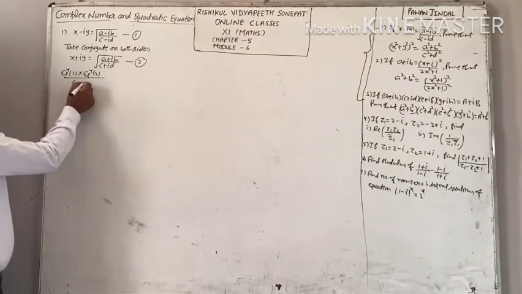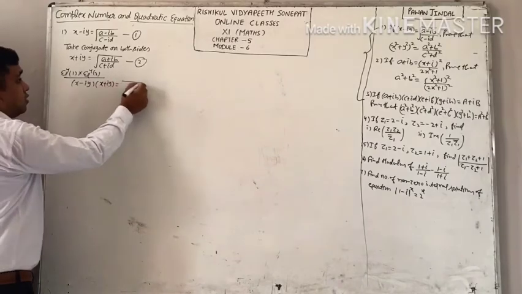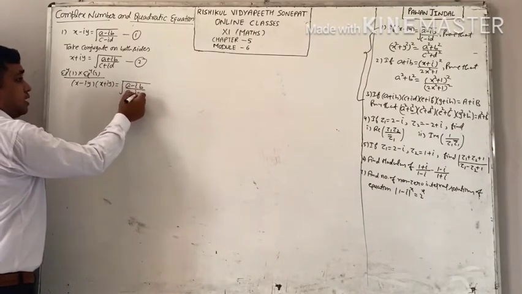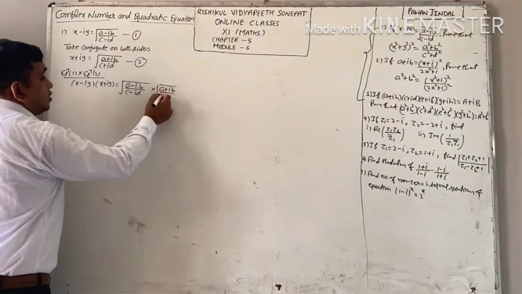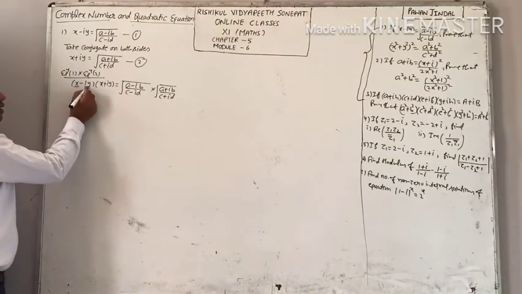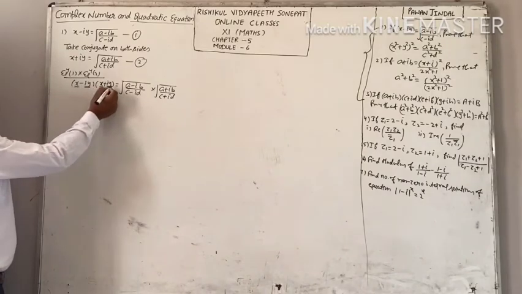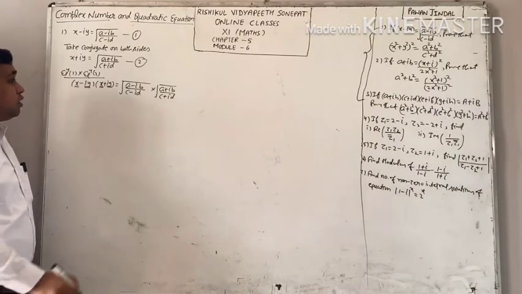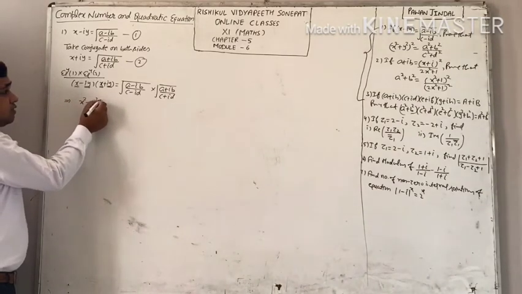See what you will get. (x minus iota y) into (x plus iota y) equals under the root of (a minus iota b) upon (c minus iota d) into under the root of (a plus iota b) upon (c plus iota d). Apply the formula: this is a, this is b, a minus b, a plus b, and you know the formula, this is equal to a square minus b square. This will become x square minus iota square y square.